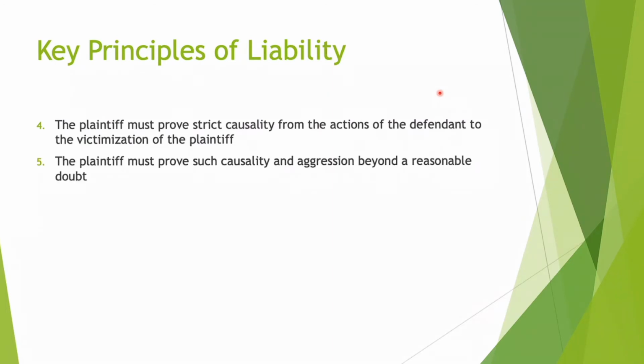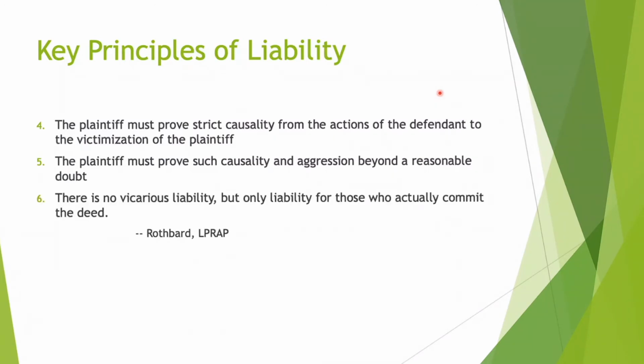The plaintiff would have to prove that causality and aggression beyond a reasonable doubt. And finally, there's no vicarious liability, but only liability for people that actually commit the deed. So you can't be a bystander and say, well, I'm offended that this other person is having to breathe smoke, and therefore I'm going to file suit on their behalf. Sorry, in this framework, that's not permitted. Only the victim can press suit. Somebody else, like a district attorney, would not have any standing in that kind of thing.